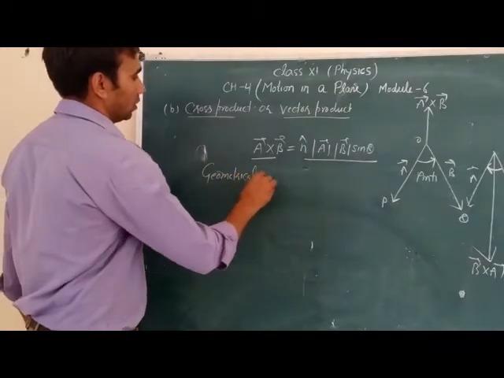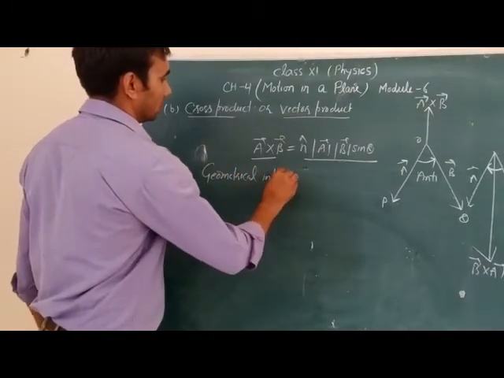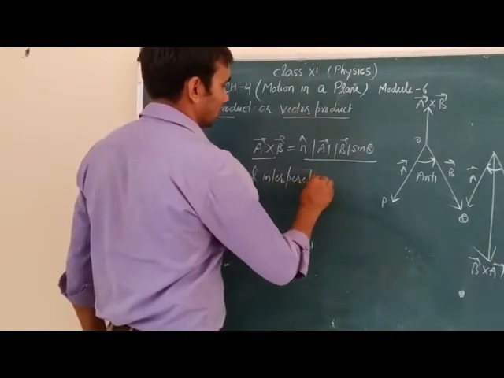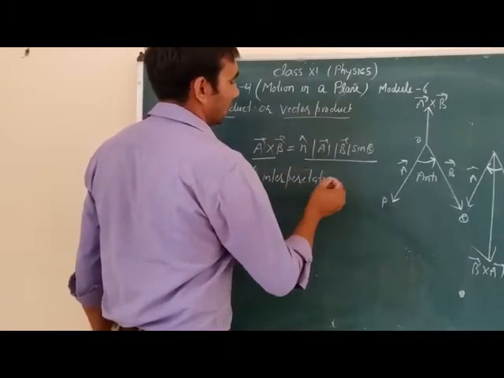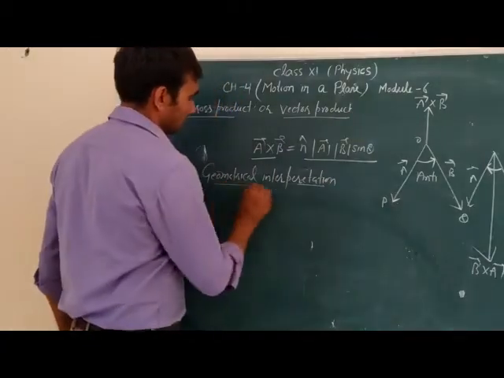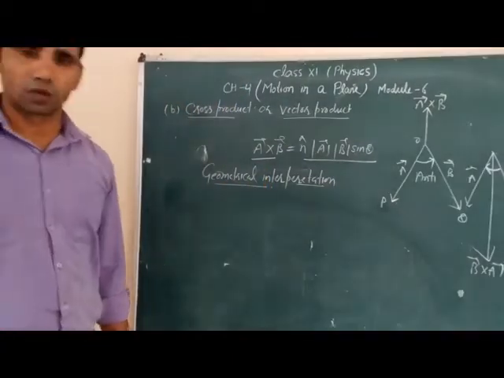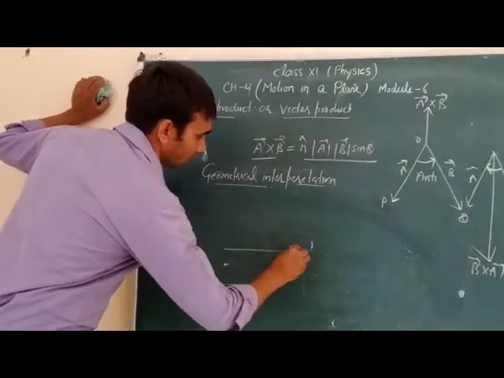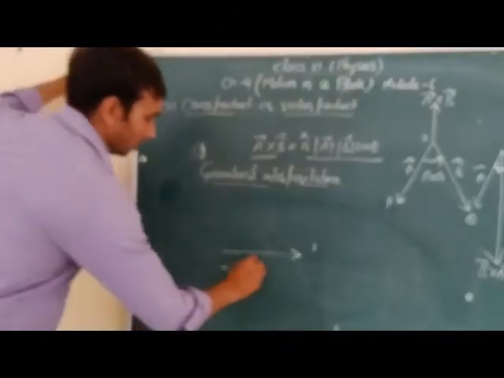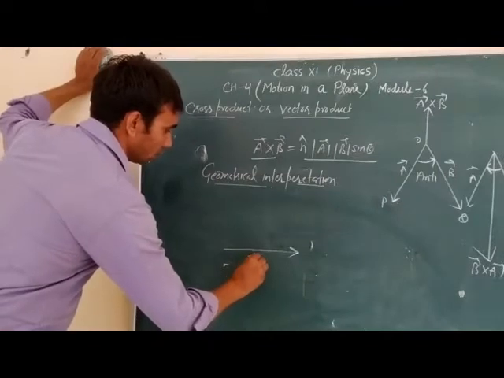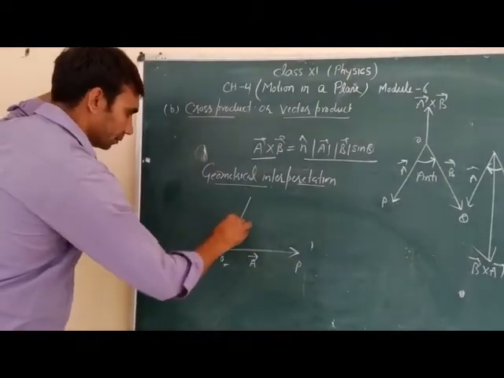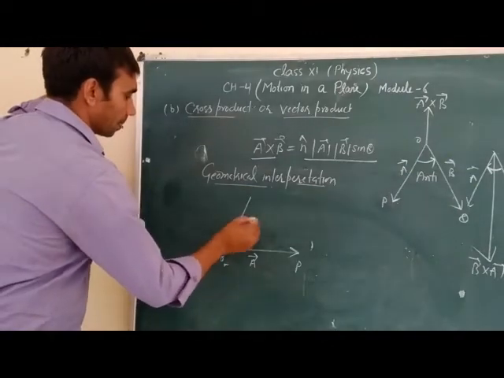Geometrical interpretation of the cross product. Now this is a vector A, OP.